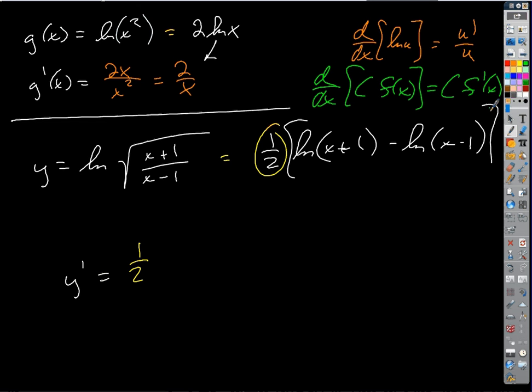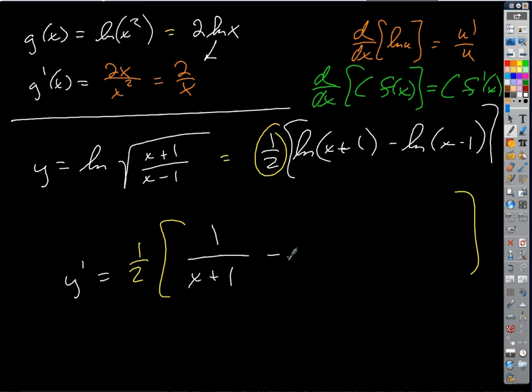So we get a 1/2. And then what's going to be inside? Well, what's the derivative with our new rule? What's the derivative of the log of x plus 1? I get u prime over u. What's the derivative of x plus 1? 1 divided by x plus 1, right?